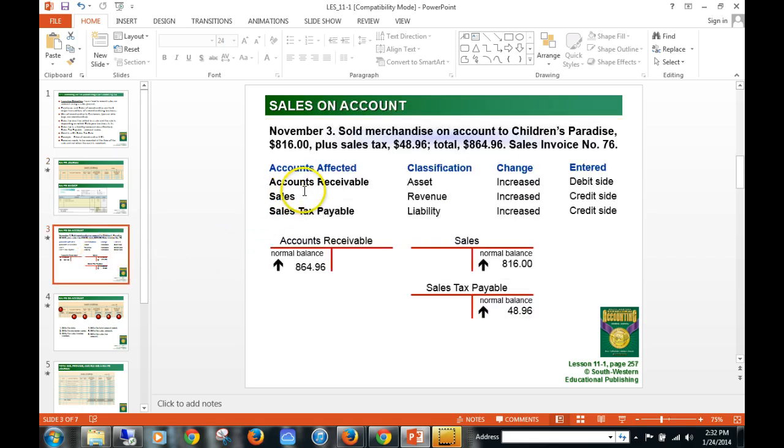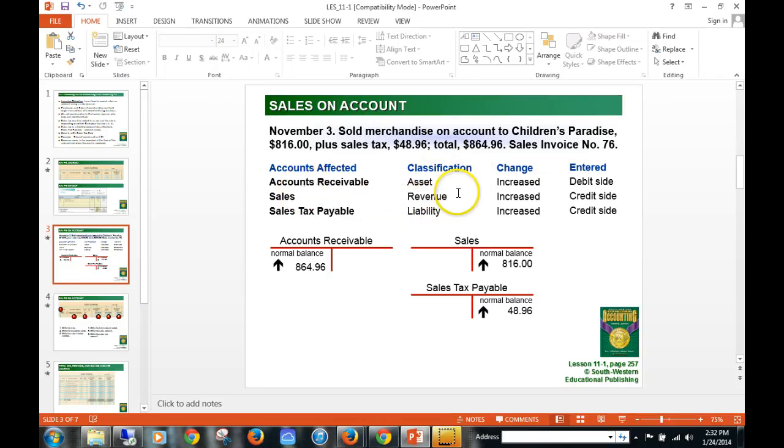The accounts affected: accounts receivable. Again, it's an asset. We're going to increase on the debit side our accounts receivable. Now, when they pay us back, we're going to credit the accounts receivable account to indicate that we've decreased what they owe us.